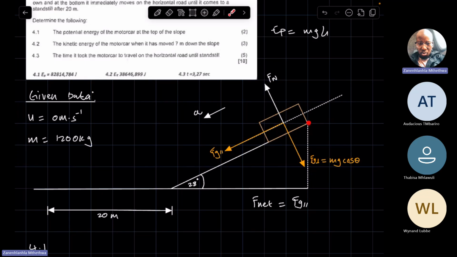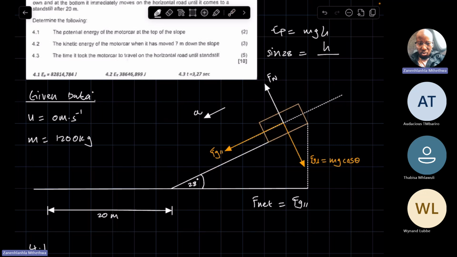So it means that in terms of the trig ratio that you can use here, it is sine theta. Remember, sine 20 degrees, theta is 20 degrees. Sine theta is equal to the opposite side over the hypotenuse. The opposite side is the h.